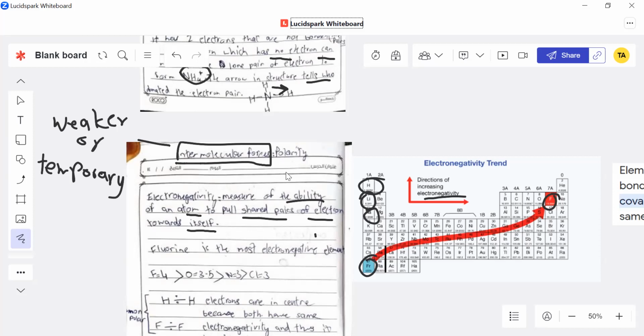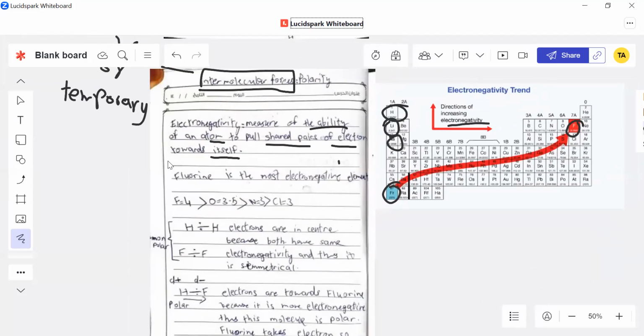So this is electronegativity. And remember, fluorine is the most electronegative element. Why? Because it's at the most right and the most up. So when it's the first element, that means it will have the highest electronegativity, and it's also towards the right, so it will also have more electronegativity.